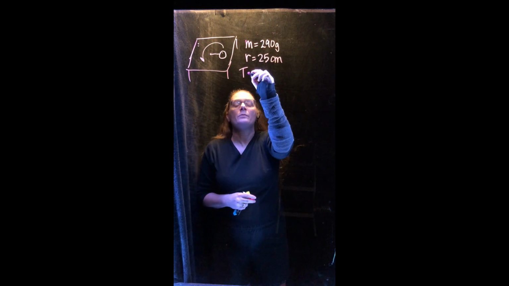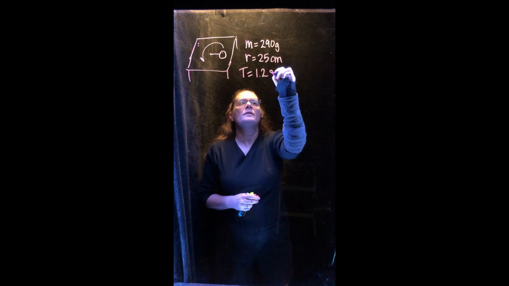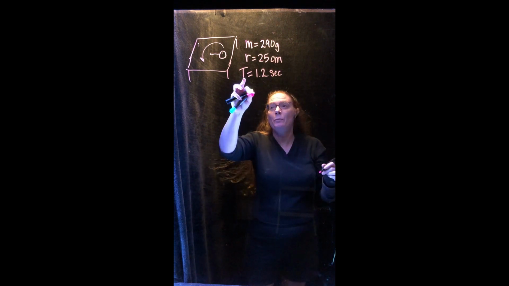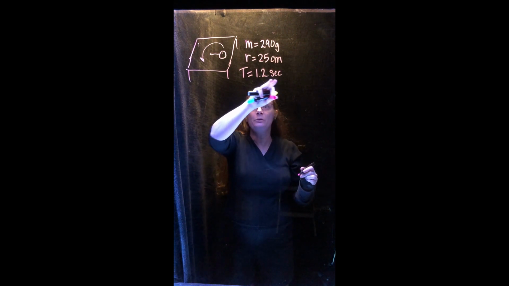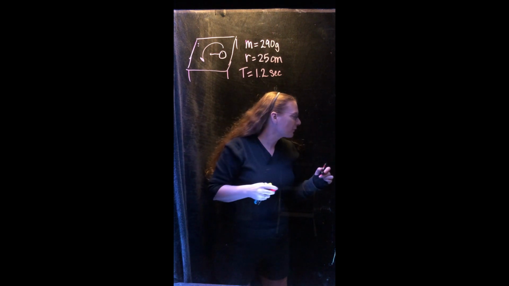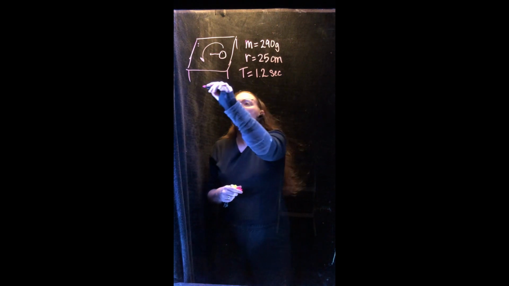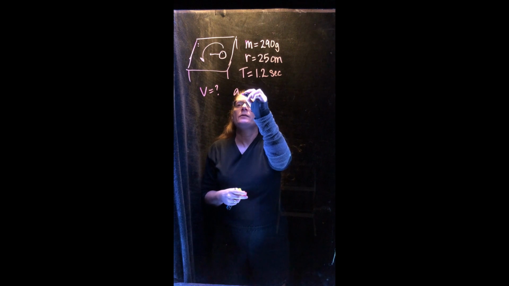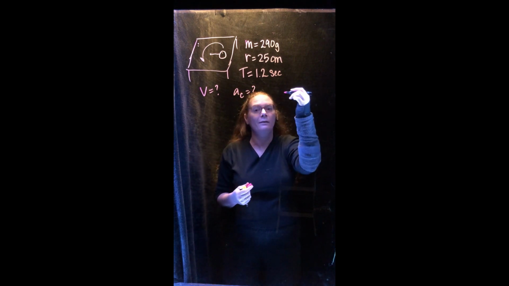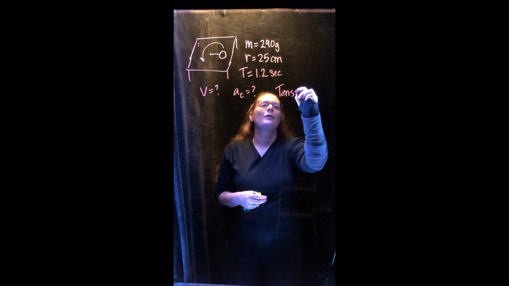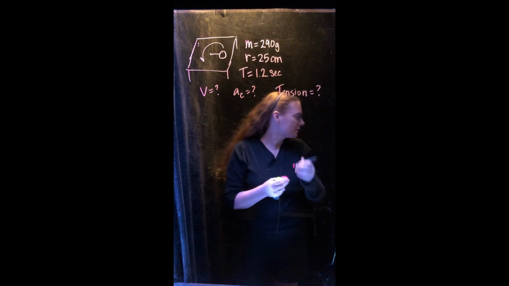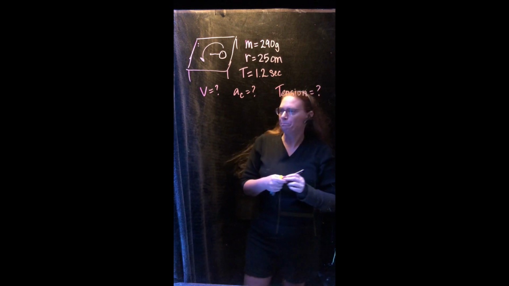The time it takes, the period, is 1.2 seconds. Again, that must be period because it's in seconds. If that was newtons, we'd be talking about tension. We want to know what is the velocity, what is the centripetal acceleration, and here, what is the tension. So I'm going to write that one out. So those are our three things we want to know.